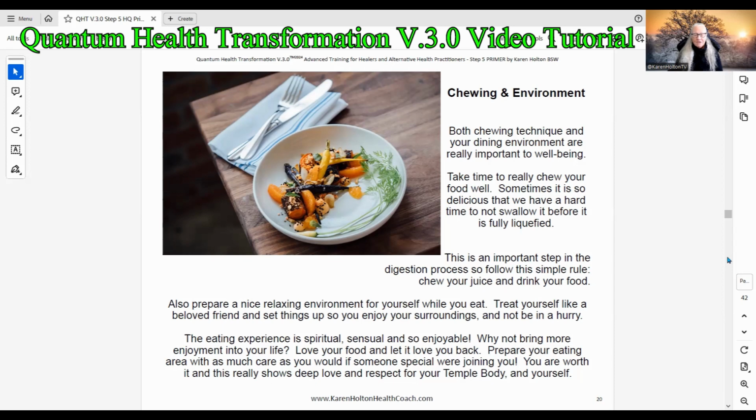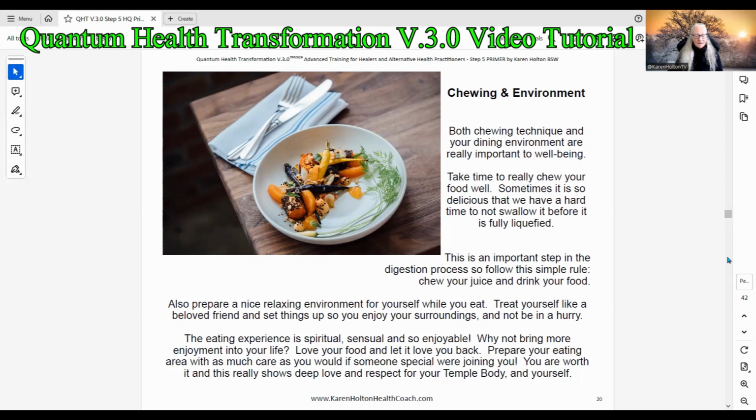What that means is if you're drinking a liquid, chew it, swish it around your mouth, let the enzymes go to work to break down the substances so that you can properly digest and absorb the nutrition. And drink your food means chew it until it's liquid, well mixed with saliva before you swallow it. And again, this is how your body starts the digestion process.